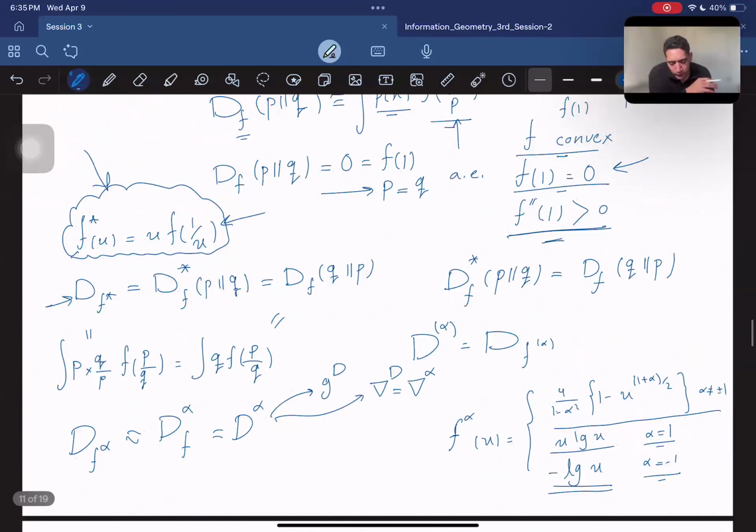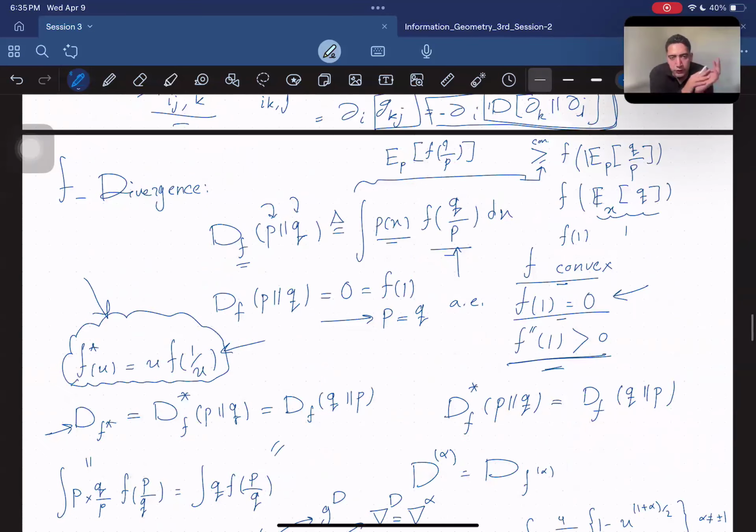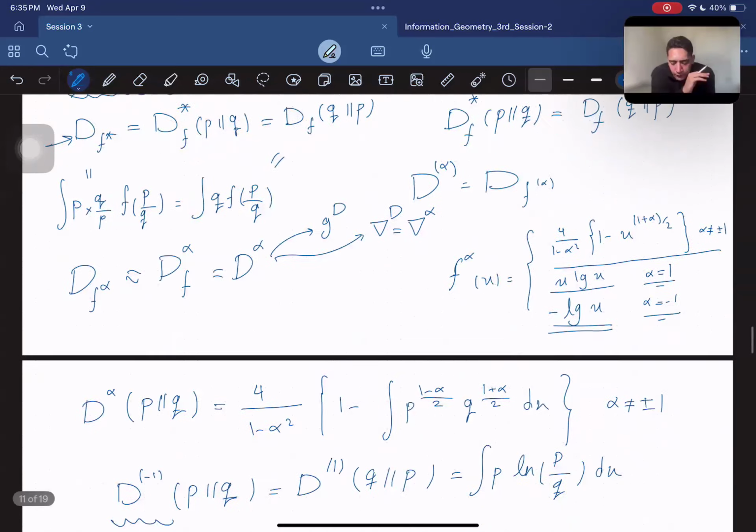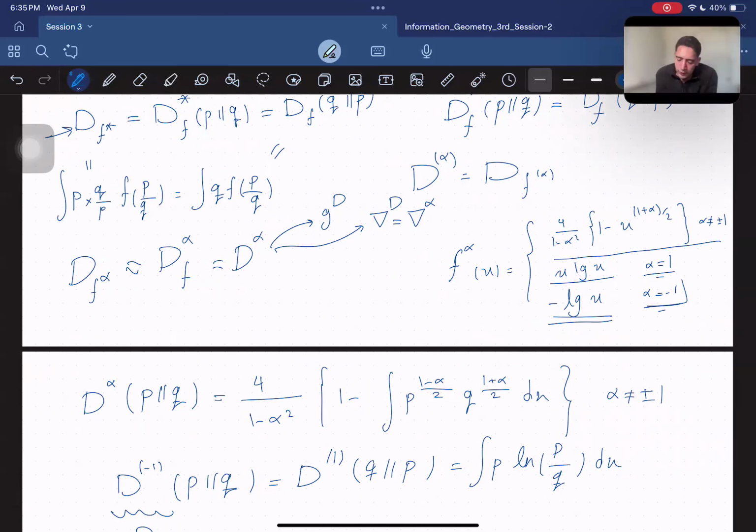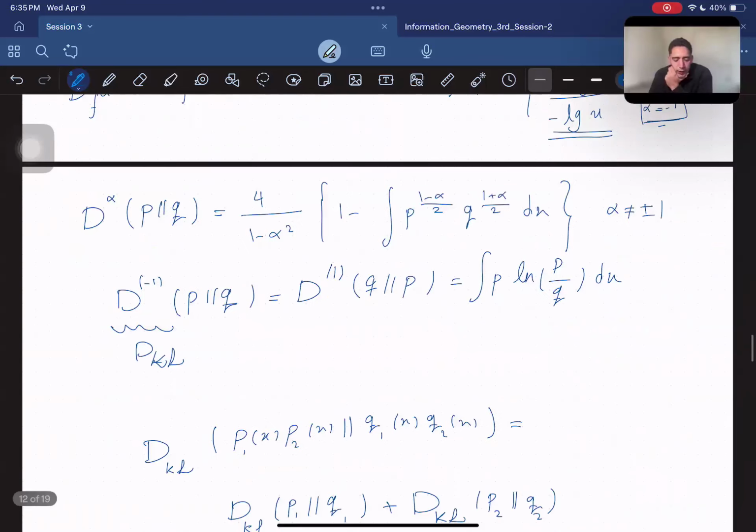if you want to get the KL divergence, the only thing you need to do is to consider f to be f equals alpha minus 1. So the KL divergence, we have it in this formula as well as the F divergence when F equals minus logarithm of U. Okay.